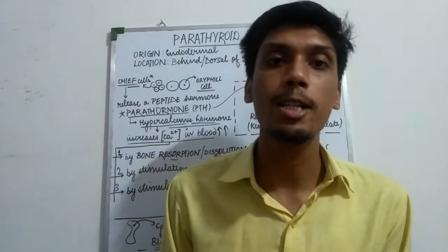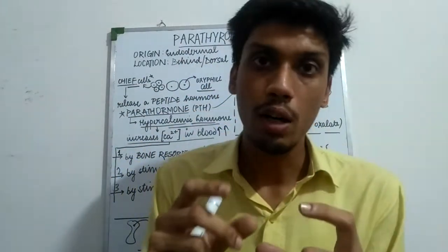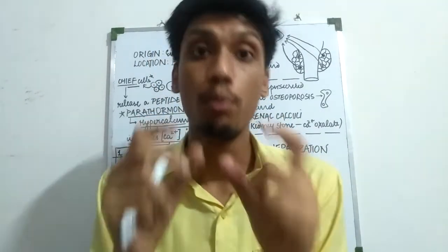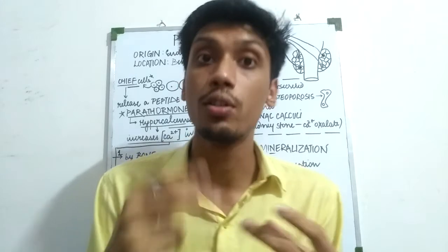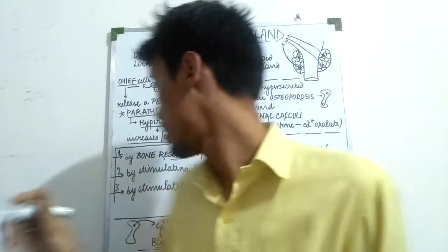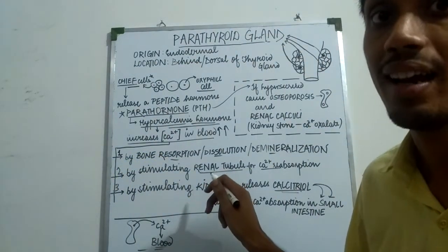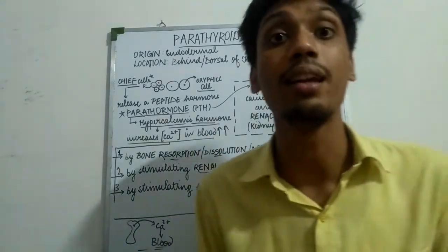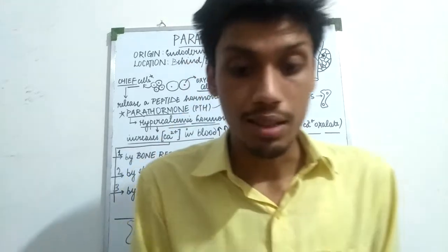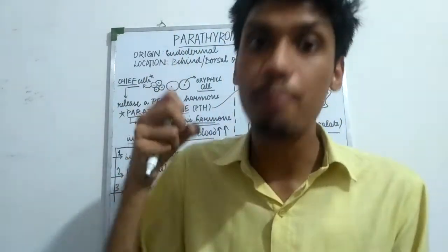So the first way is that you took out calcium from the bone. Second, you took out the calcium from the renal tubule, that is PCT. Basically, the circulating calcium, you reabsorbed it.